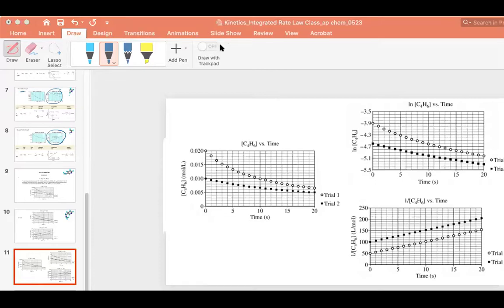Kinetics study guide. And wait, I think it's right here. Aha, okay, so let me share this screen with you. I finally located it. Stop sharing that. Start sharing this.